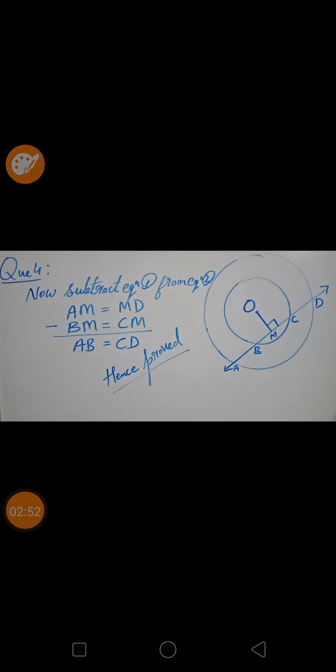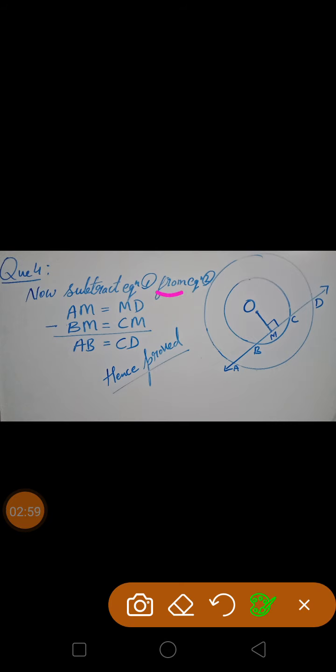Now subtract equation 1 from equation number 2. Firstly we write equation number 2, then equation number 1, then we do the subtraction. AM minus BM, AM means this length, and if we subtract BM, how much will be left? AB will be left.